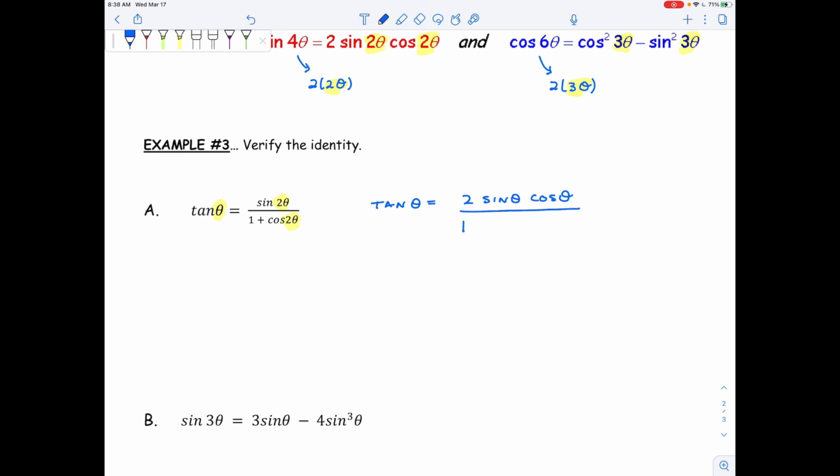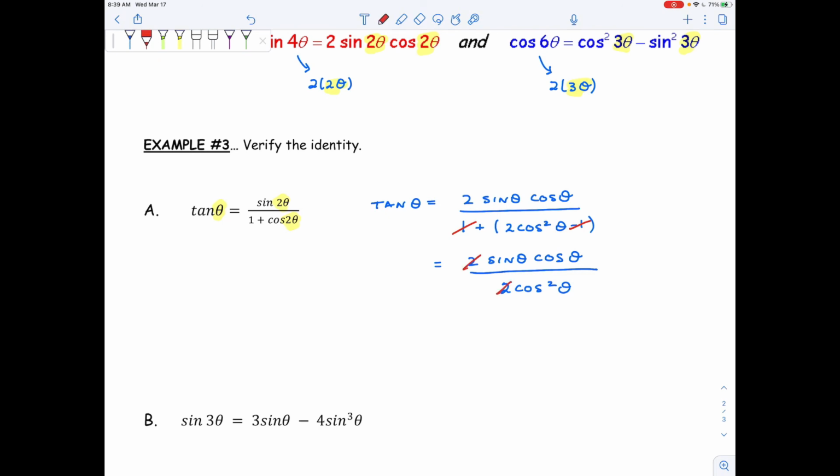So I'm going to replace cosine 2 theta with 2 cosine squared theta minus 1. And then we'll clean up the denominator. When you simplify the denominator, you get 1 minus 1, and then you end up with 2 cosine squared theta. And this looks like it's going to work out pretty nicely.